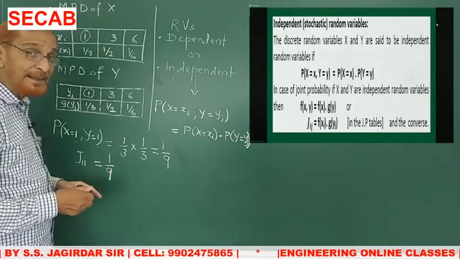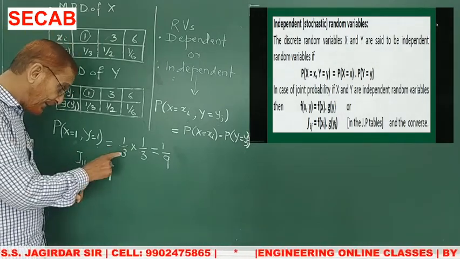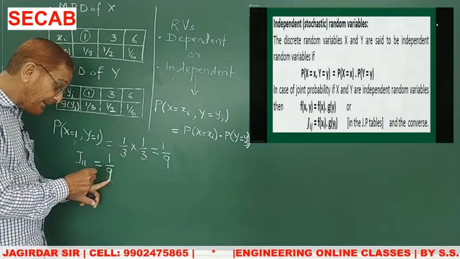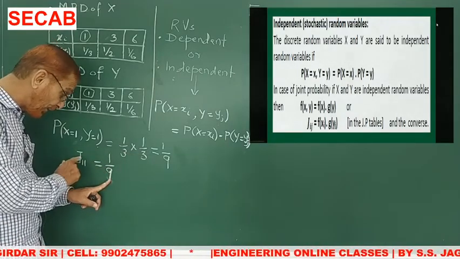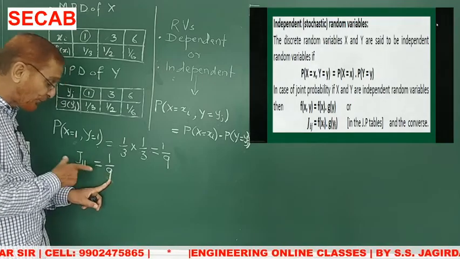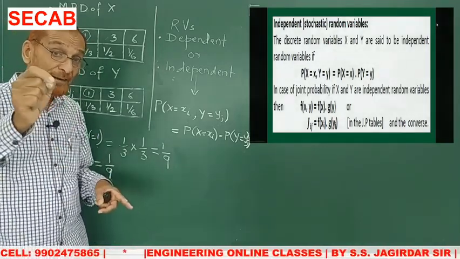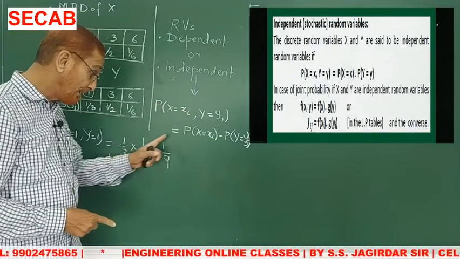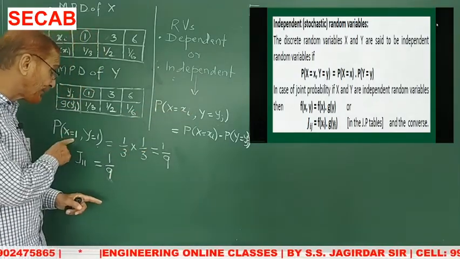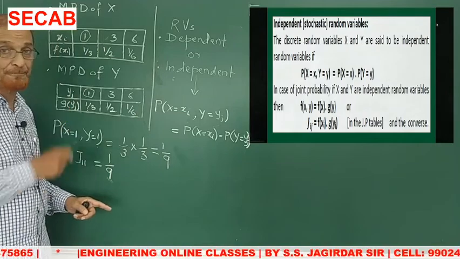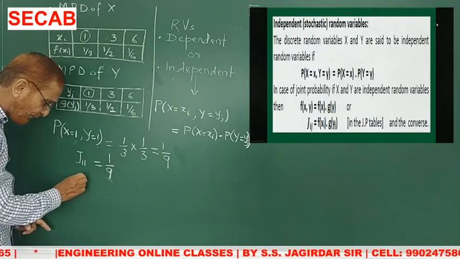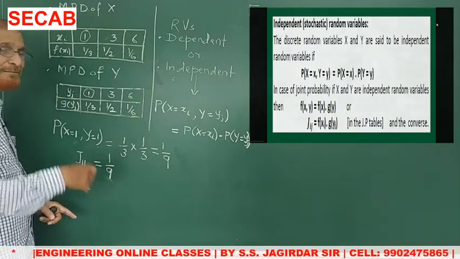So if this value is found in the table against 1 1 for J, that means the formula we are asking about has been verified for the first pair, that is 1 1. Similarly, you can go for J12, J13, like that.